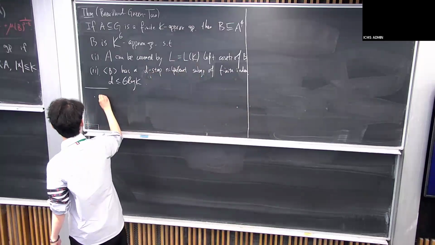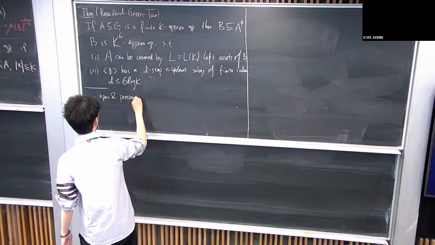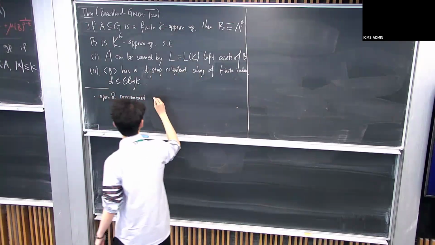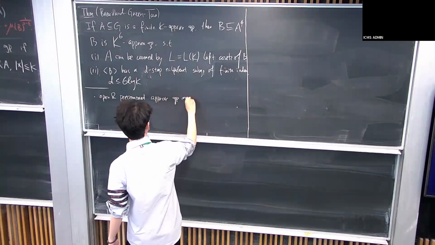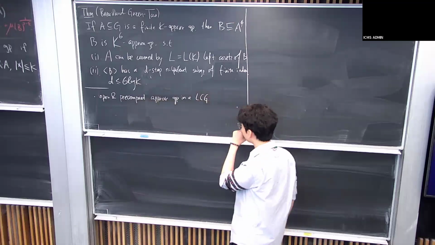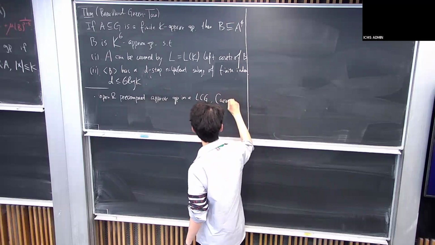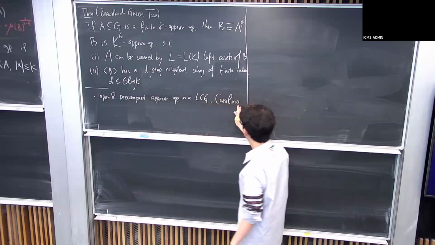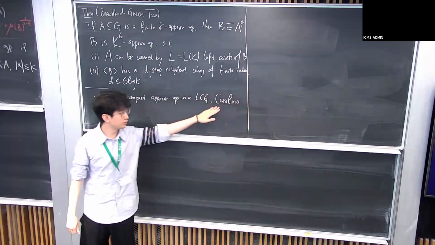So I want to mention open precompact approximate groups, approximate groups in a locally compact group. The characterization result is obtained by Carolino, but it is unpublished, unfortunately.